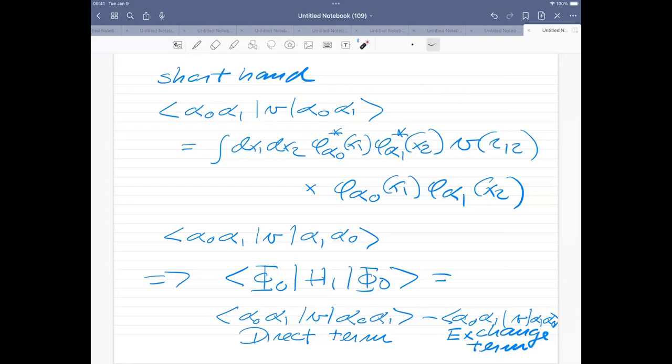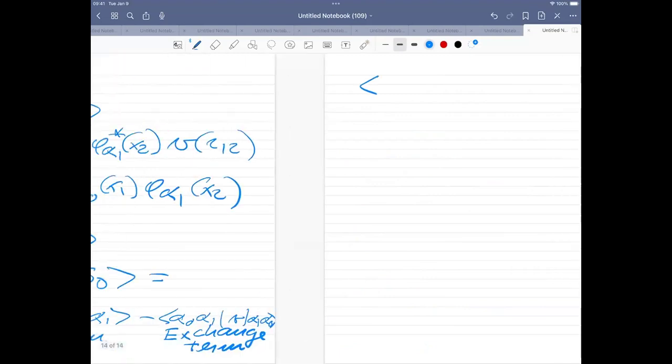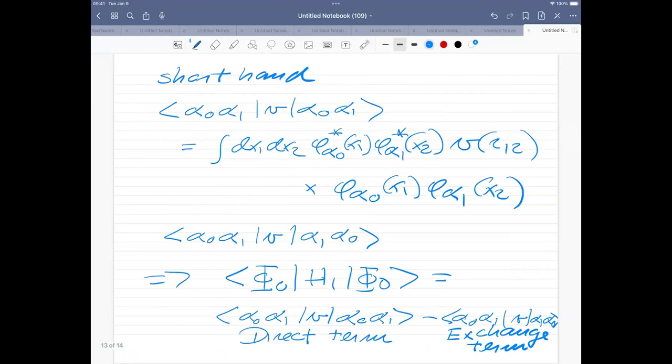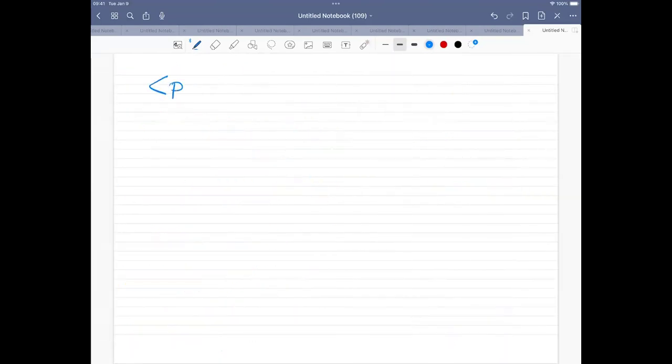You can define a more compact matrix element, which we are going to call the anti-symmetrized one. And now I'm just going to leave out α0 and α1, and define the states as p and q. So these can be some generic single particle states.